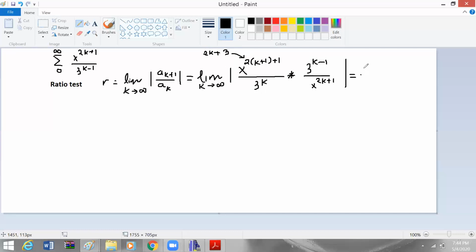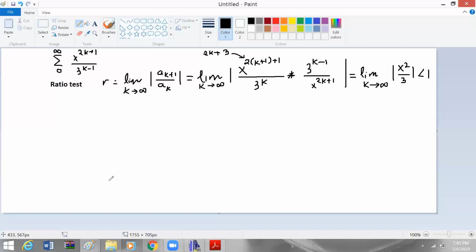So the entire term will be the limit as k goes to infinity. We're going to have x squared over 3. So 2k plus 3 over 2k plus 1 gives x squared, and 3k minus 1 over 3k gives 3. We need to make sure that in the ratio test, R is less than 1 so that the series converges.